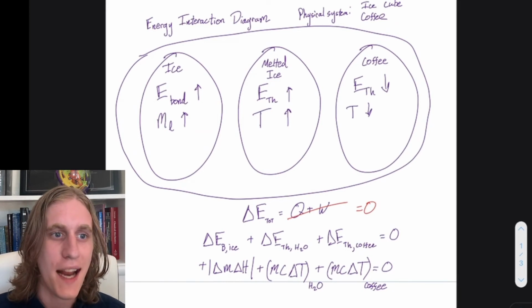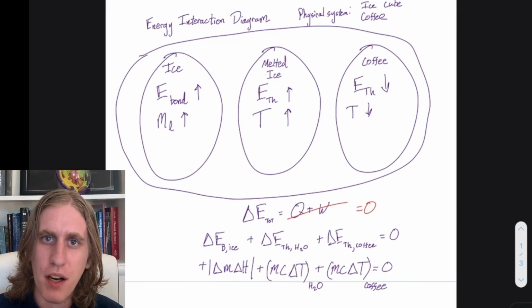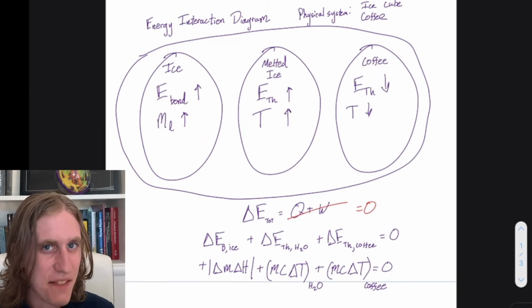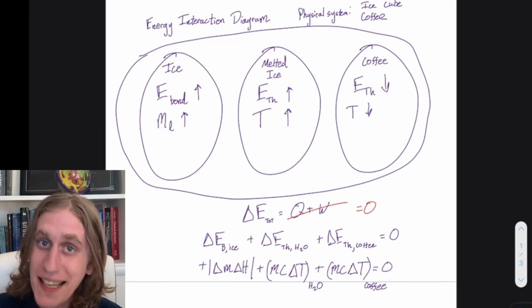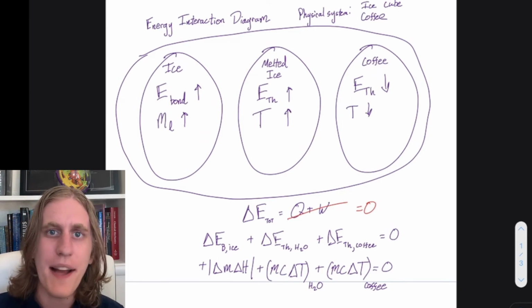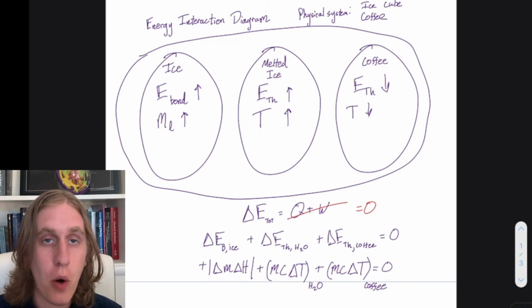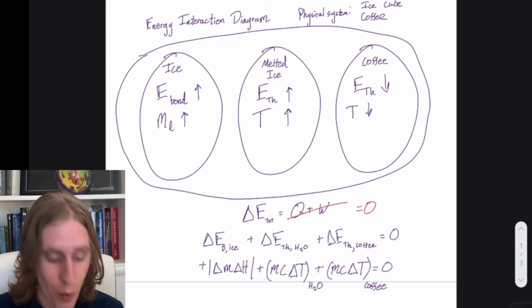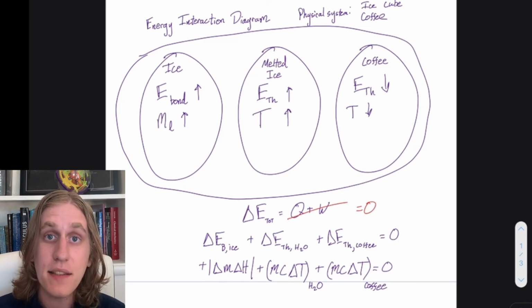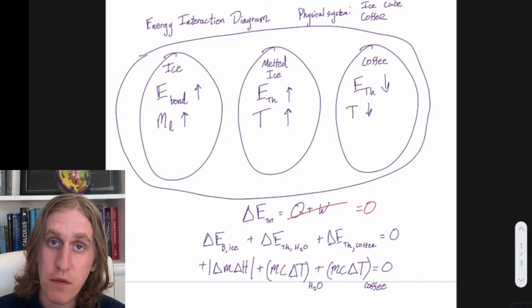But wait, you say, we haven't made a prediction. Well, we kind of have. This model can tell us exactly what the final temperature of our system would be if we were just given a few numbers. We would need to know the mass of the coffee, the mass of the ice, and the initial temperature of the coffee.